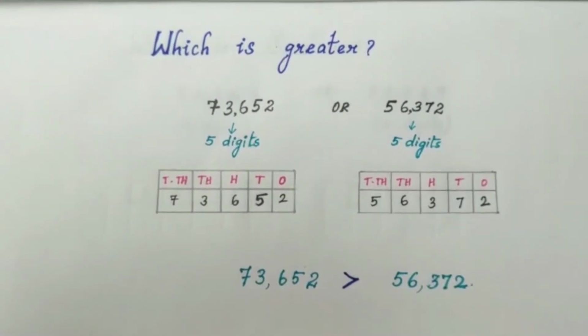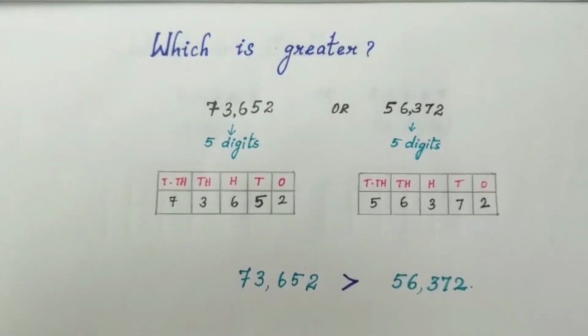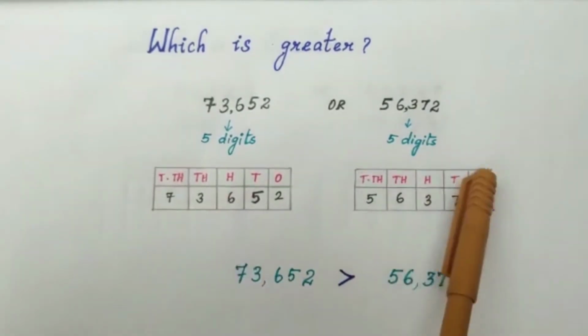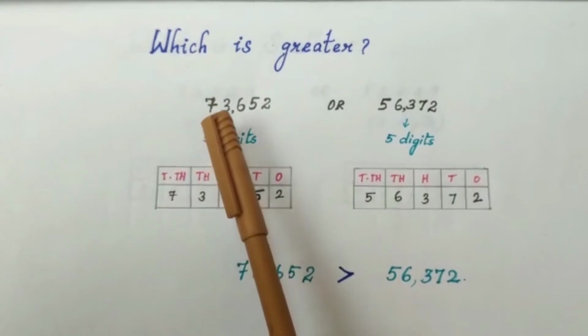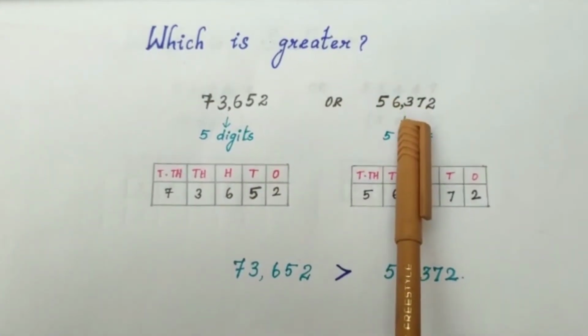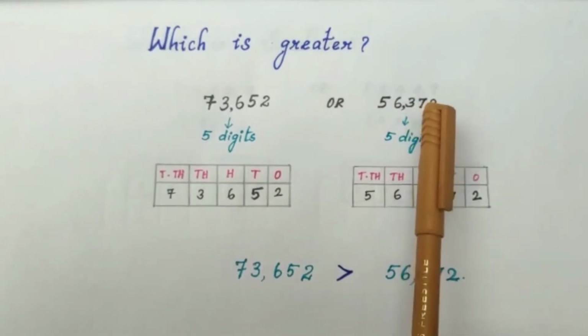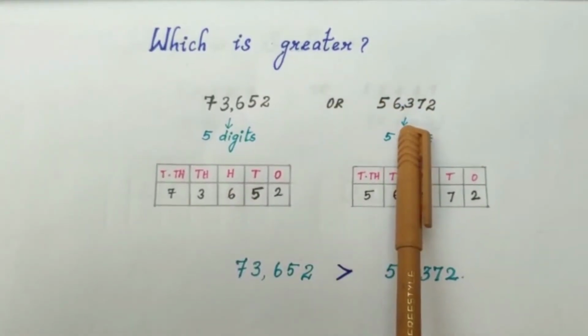Sometimes if both the numbers have same number of digits, then how will you find which is greater? Here two numbers are given. One is 73,652 and the other is 56,372. Here both the numbers have 5 digits.